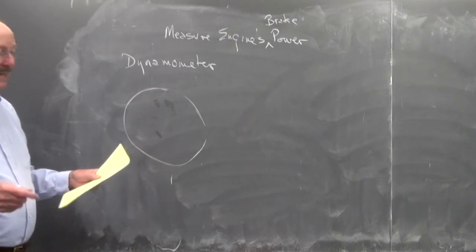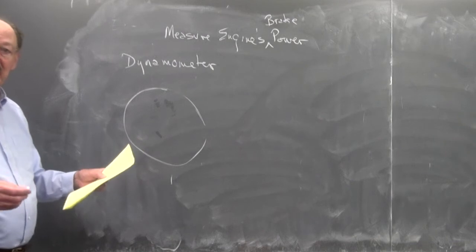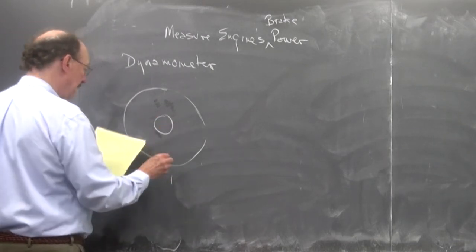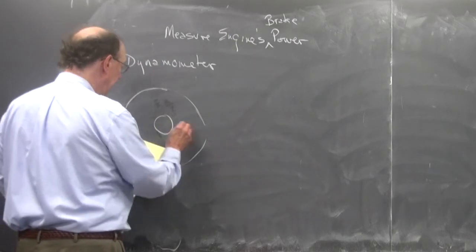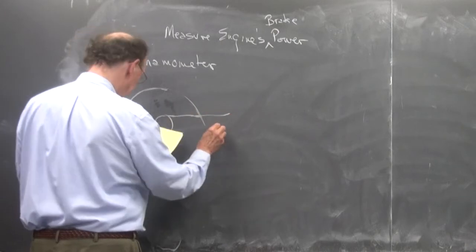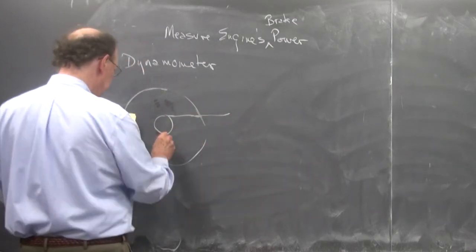We can measure it in a variety of ways, but I want to show you using torque and where that comes from. So I'm going to have the dynamometer, I have a shaft, and from here I'm going to have something that rotates around the shaft.